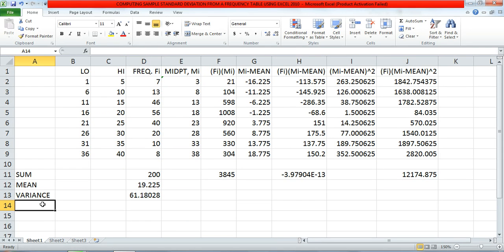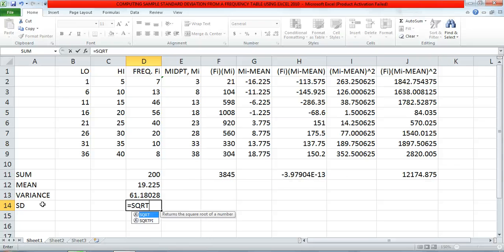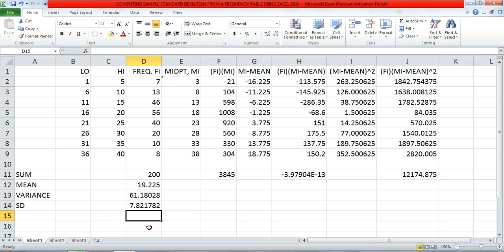And the standard deviation, let me just type in SD, is nothing more than the square root, SQRT, of that number, which is fairly large, approximately 7.82. Okay, that should be it. I'm just going to make a quick decimal adjustment.